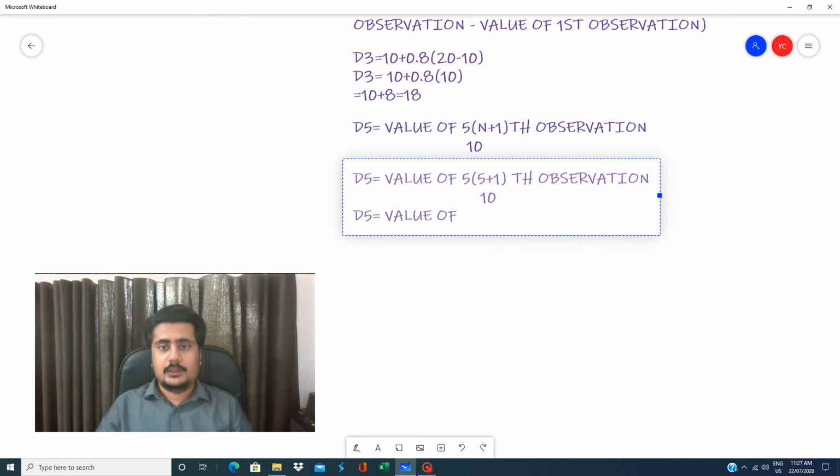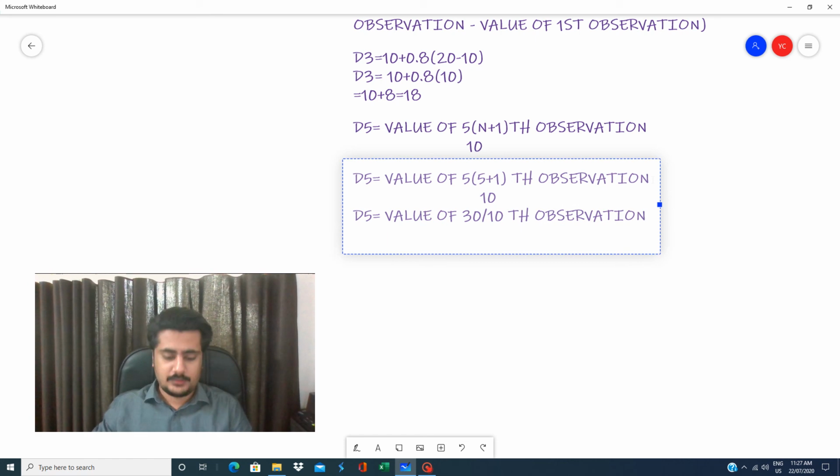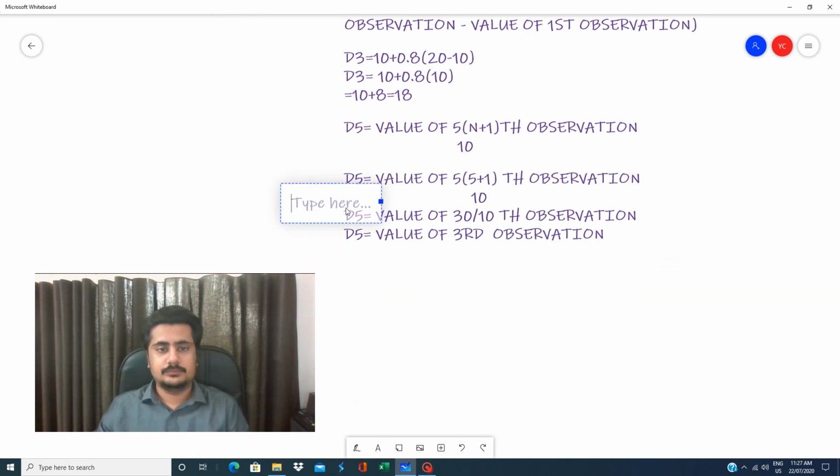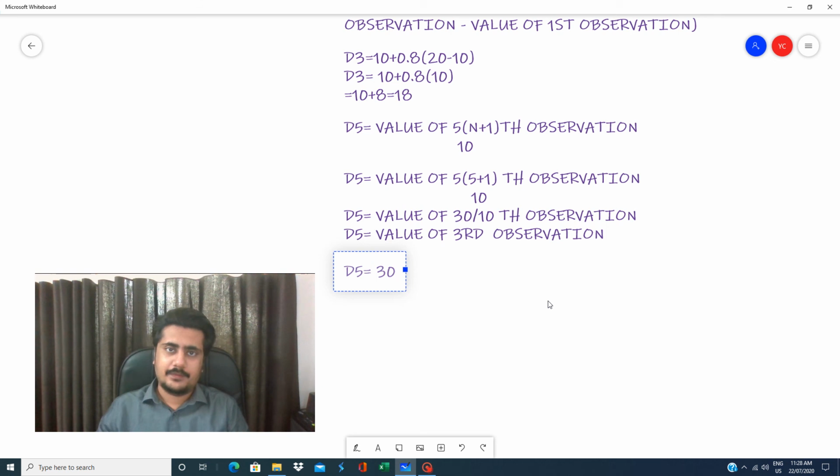So D5 is 5 into 6, that is 30, upon 10, that is the third observation. What is the value of the third observation? It is 30. So it's simple, D5 is equal to 30.